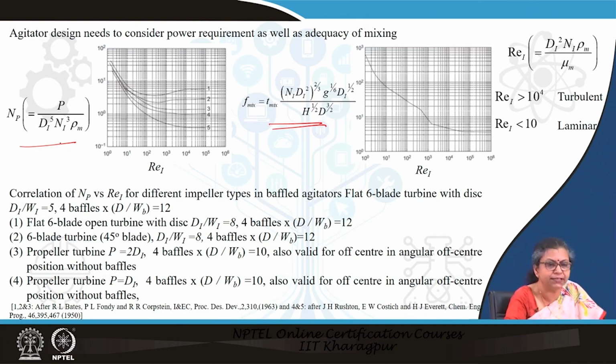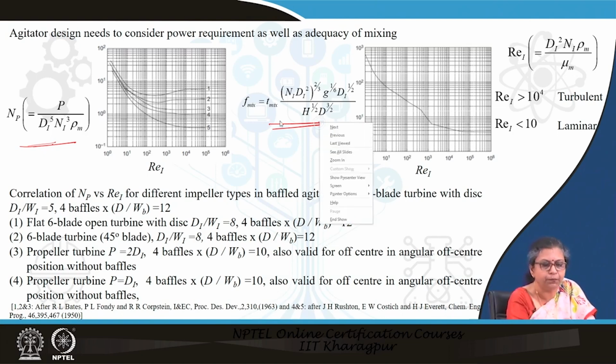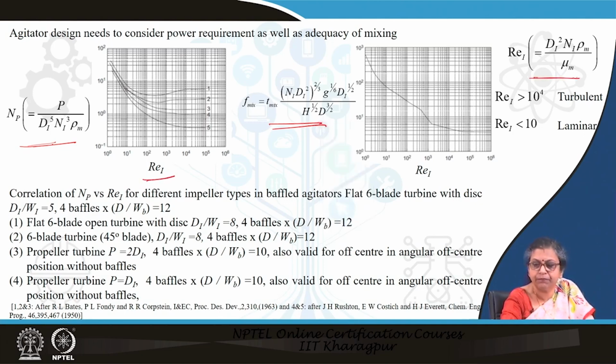So, the power requirement and the adequacy of mixing are obtained from some empirical relationships which are based on certain dimensionless numbers. For example, the power requirement is obtained from a power number, and the adequacy of mixing is obtained from a dimensionless mixing number, and both of these are plotted as a function of the impeller Reynolds number, which is given as a function of the impeller rotational speed, the impeller diameter, and the mixture properties of the liquid inside.